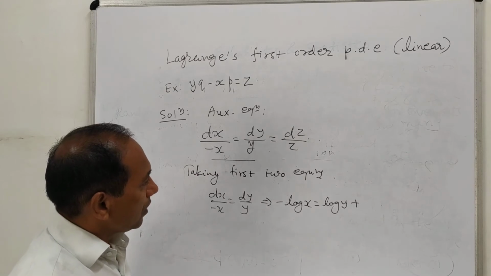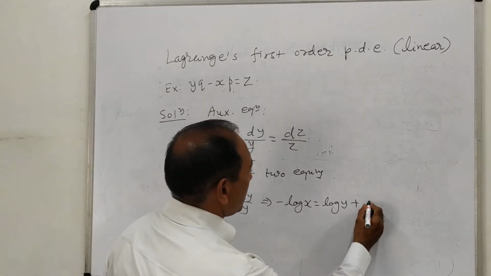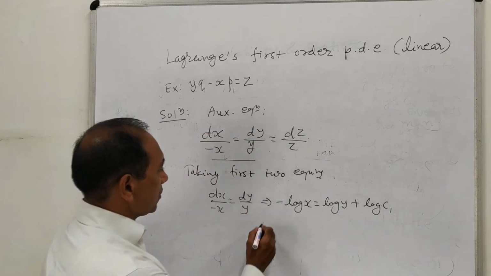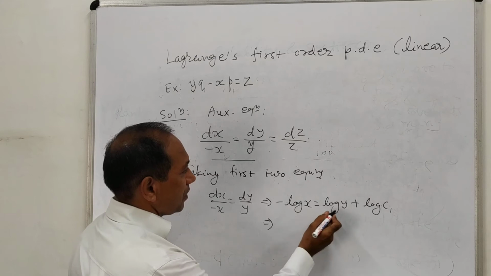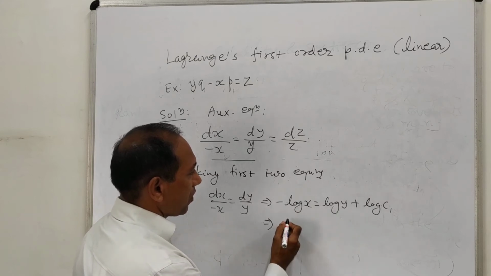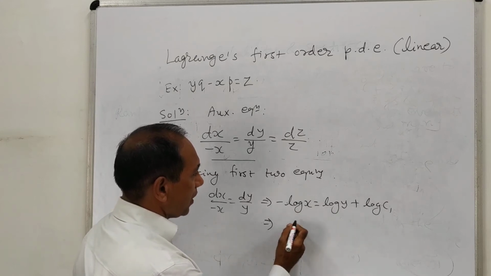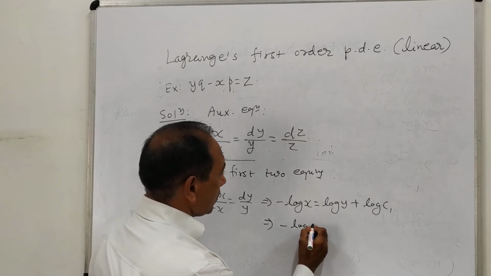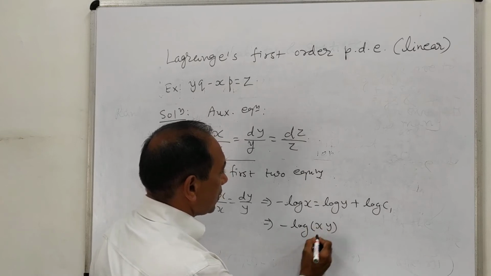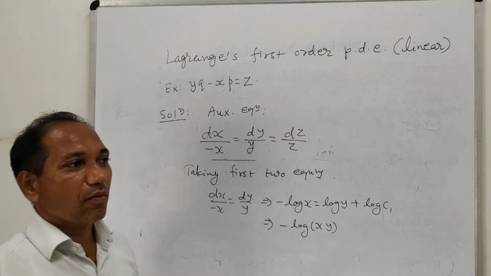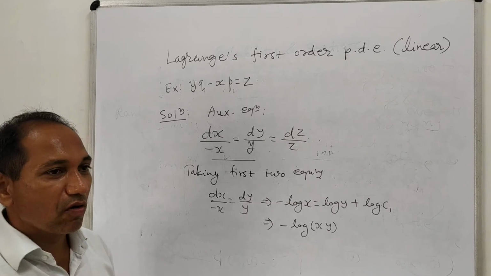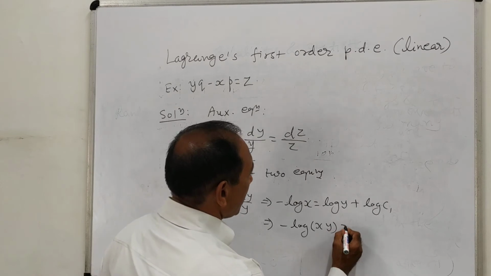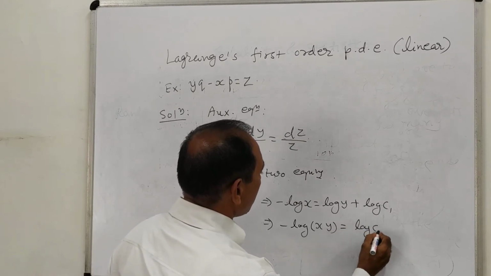So here we will write down log of c1 because all the other structure is in the form of log. So now we give it simplification. We keep log of y over here on left hand side. So minus log of x minus log of y, minus if we take common, then in bracket we will have log of x plus log of y, but we know that log of x plus log of y is log of x into y, and this is equal to log of c1.